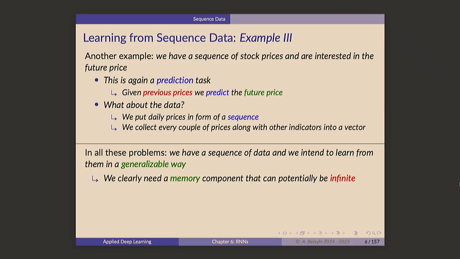What does that mean? It means that if my text is as long as 10 books, I should still be able to go back and get the context. If there is one important word somewhere on page 1, and I'm now on page 1032, I should be able to know about that. So it should go infinite in time.